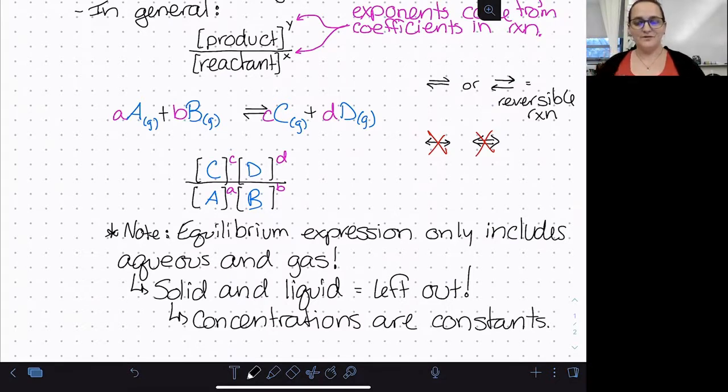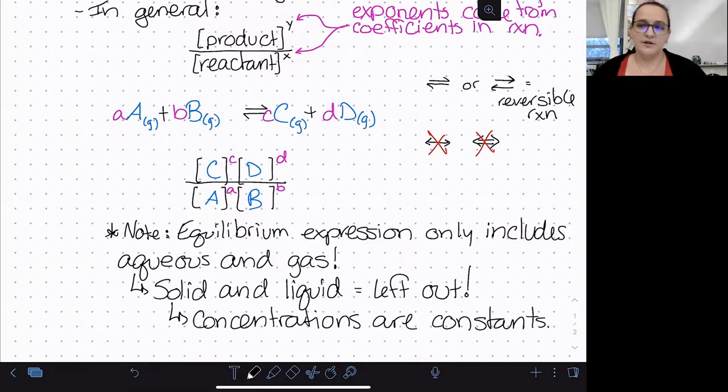But if you have 1 liter of water, that liter of water always contains 55.6 moles of water. There is no way around that. You can't get more, you can't get less. The concentration is always the same. So when you have solids and liquids involved in your reaction, those constant concentrations essentially get just absorbed into the equilibrium constant, so we leave them out of the expression because we don't really need to worry about them since they never change.